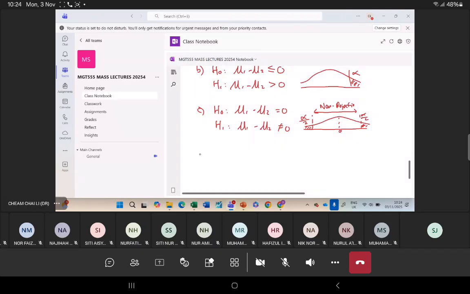Step 2, you select the significance level, and then step 3, make a decision using either p-value or critical value. Step number 4, your conclusion. So it is the same, except number 1, constructing the hypothesis, is different because now you have two groups.